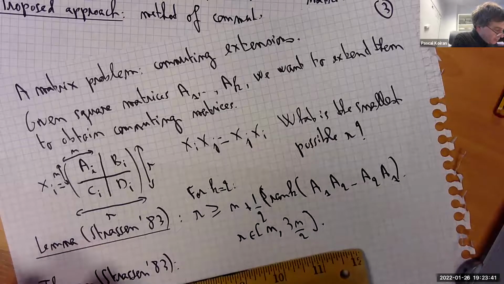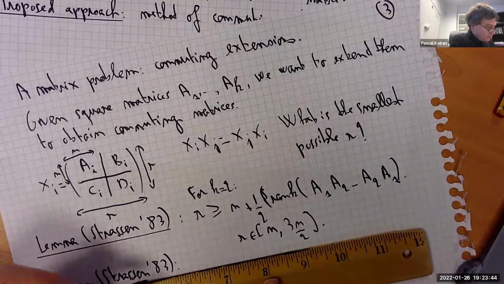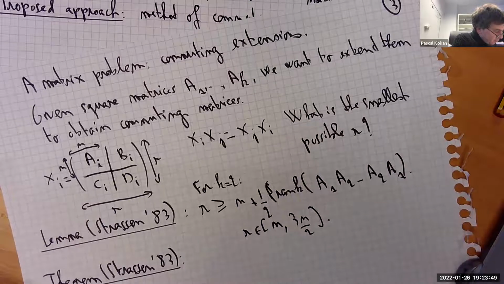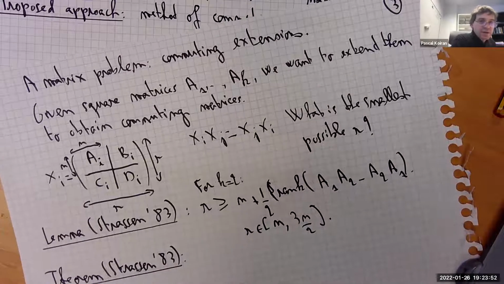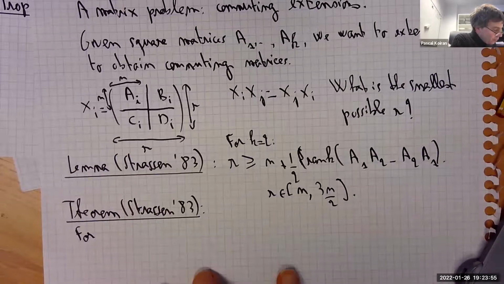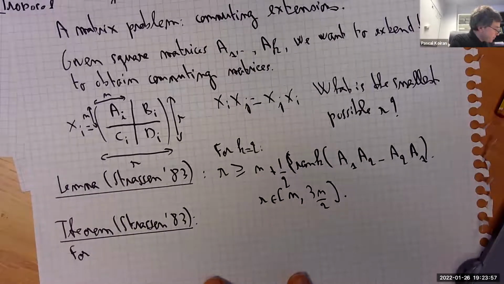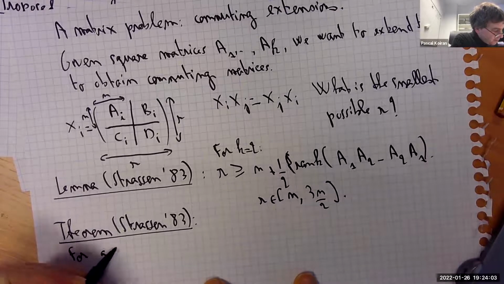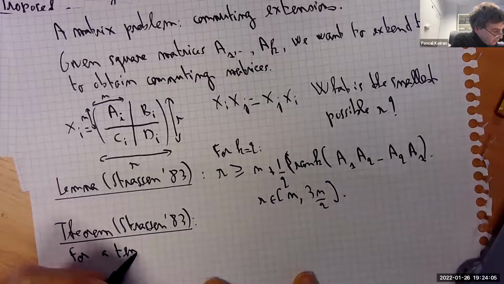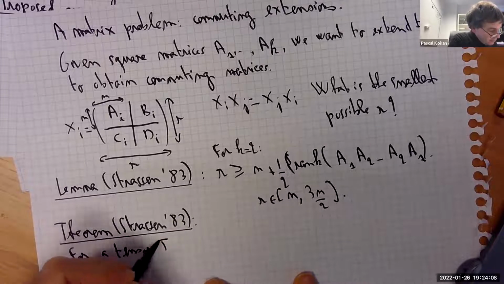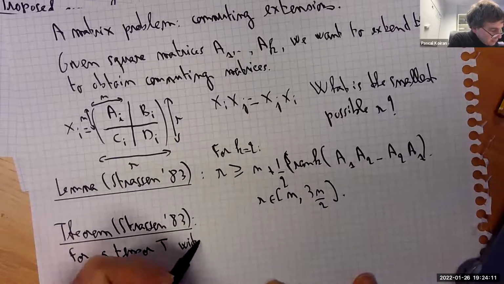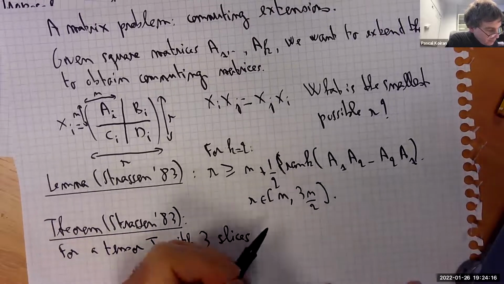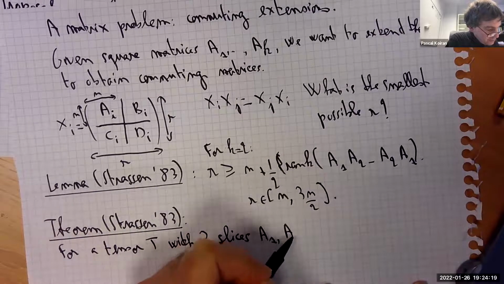So now you can see that there is indeed, as I promised, a connection to tensor rank. He actually worked with ordinary tensors, not symmetric tensors, and his result is for a tensor with 3 slices. Let's call them A1, A2, A3.